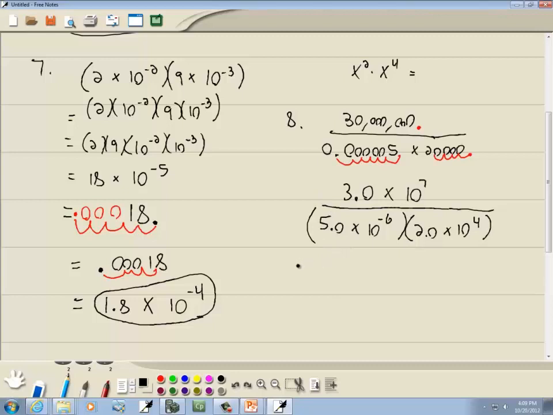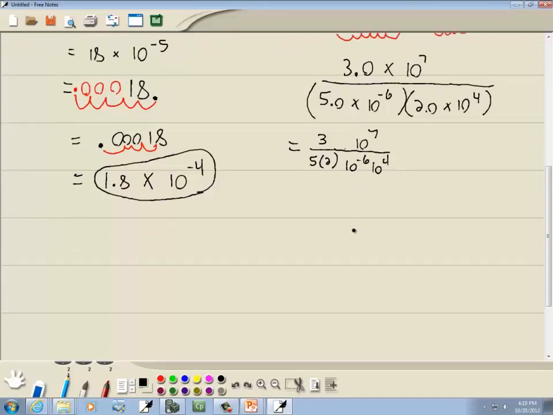Well, let's split these up a little bit. Here we got 3 over 5 times 2. And then up here I got 10 to the 7th. Here I got 10 to the negative 6. And here I got 10 to the 4th. Now we covered these before.